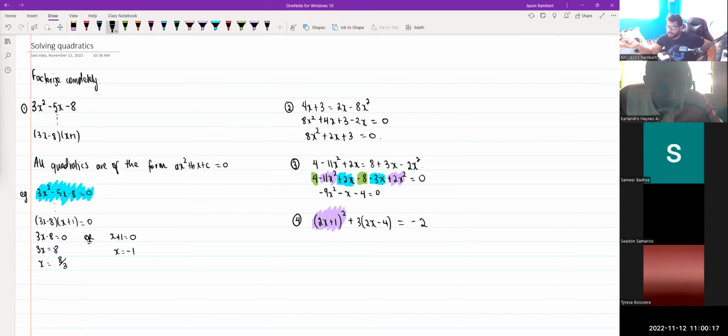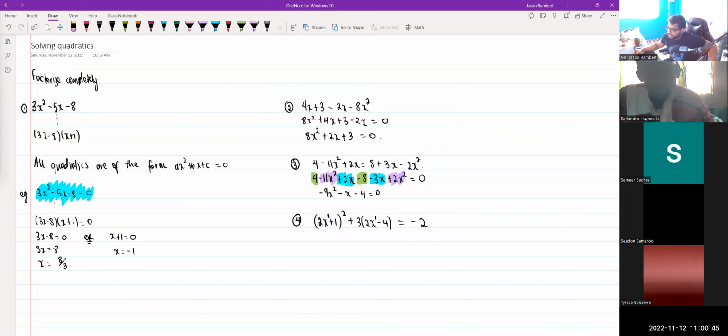Because right now, if the highest power of the variable is 1, then it's a linear. If the highest power of the variable is 2, then it's a quadratic. Over here, as it stands, it looks like the highest power of the variables is 1.